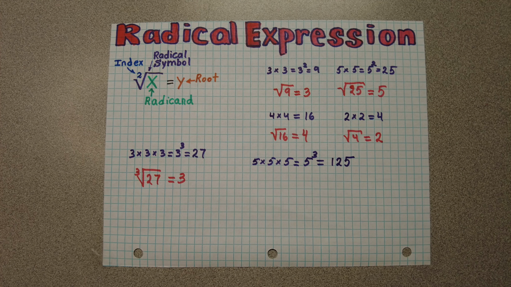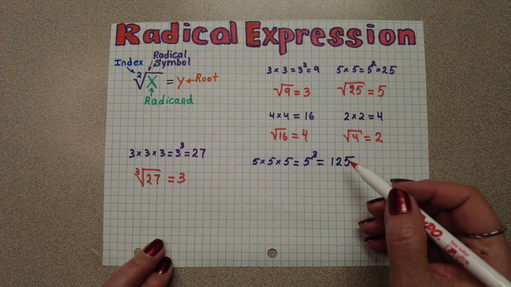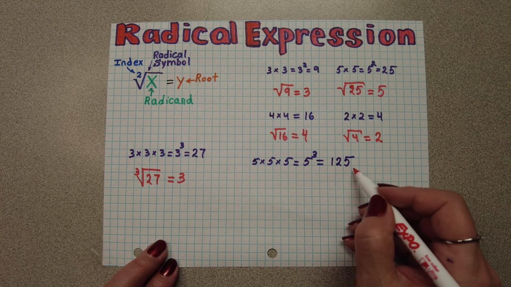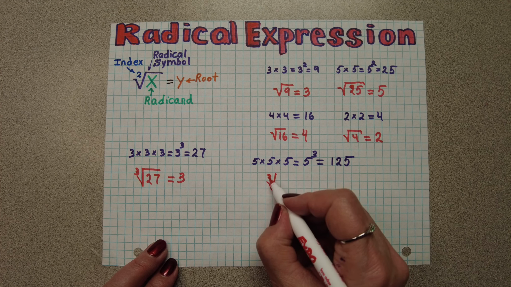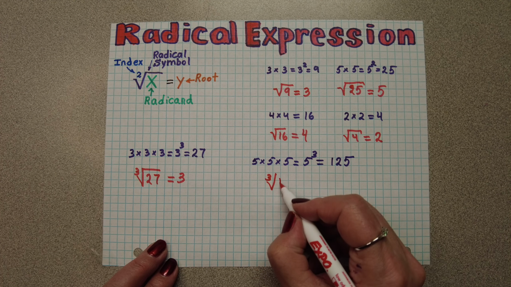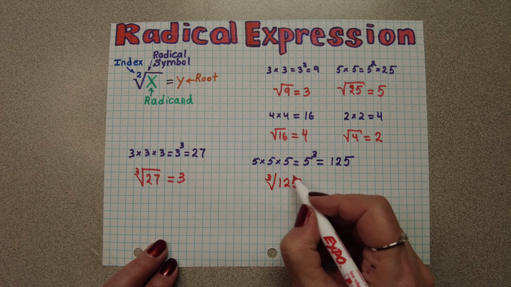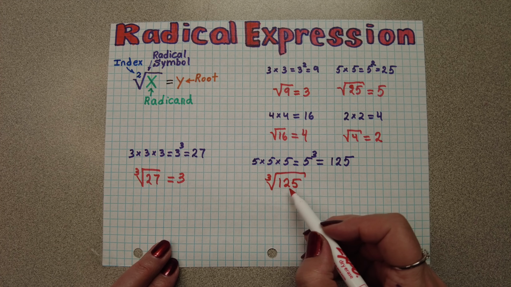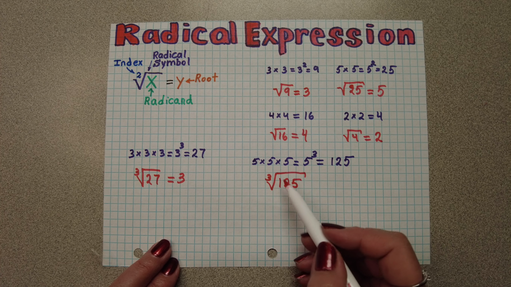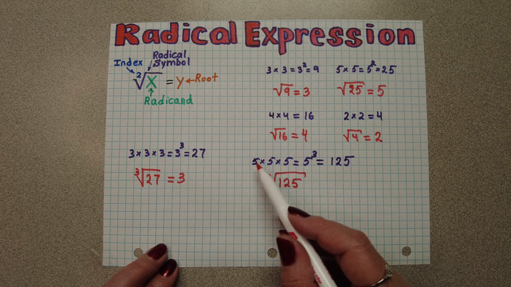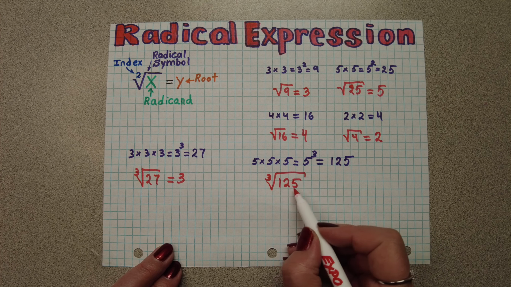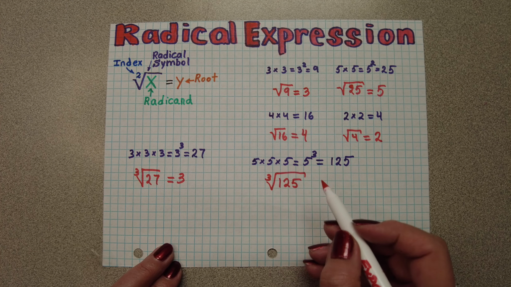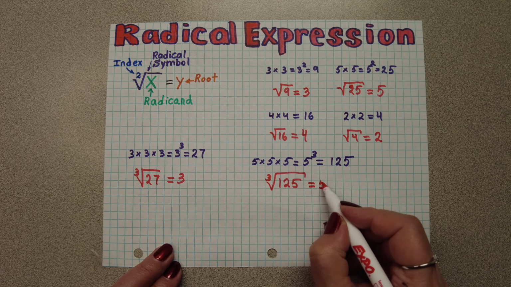Now we want to show this as a radical. Cube root of 125. That shows what number was multiplied by itself 3 times and was equal to 125. And we already know this was 5.